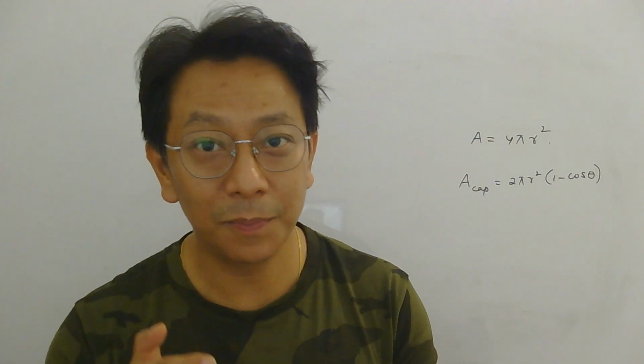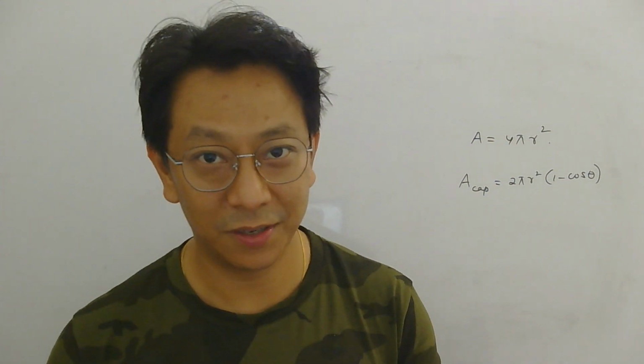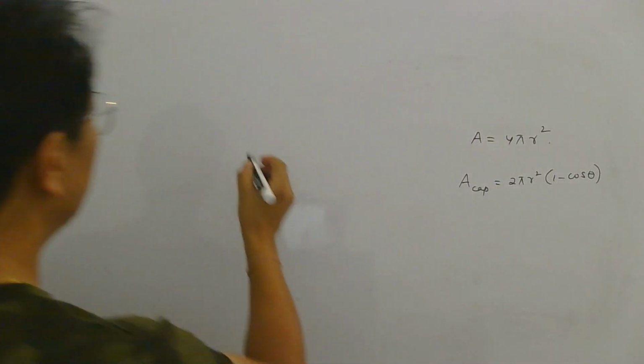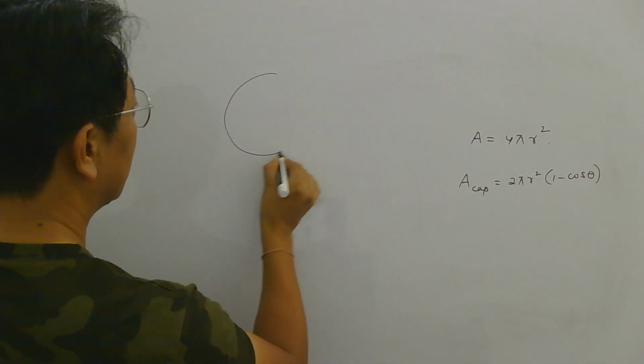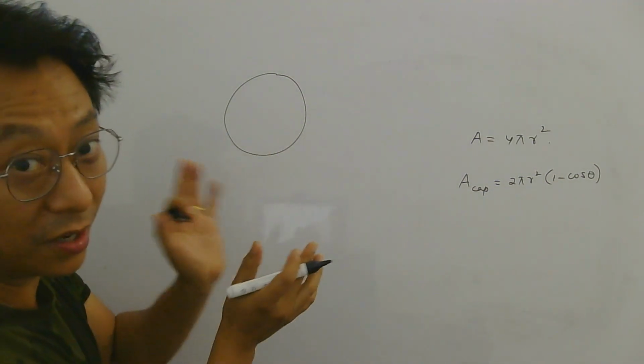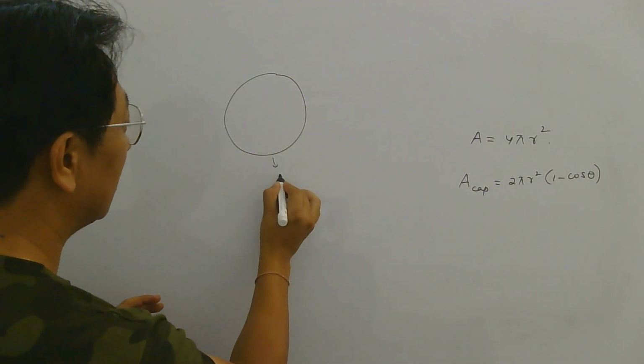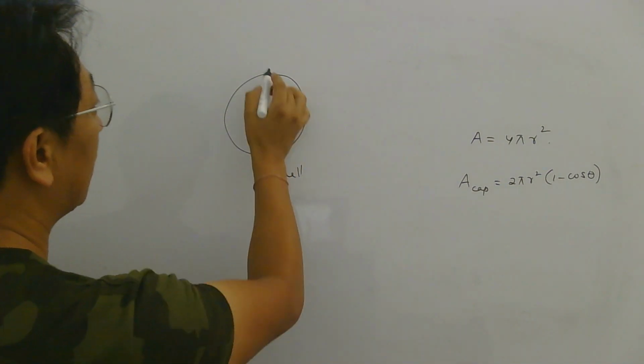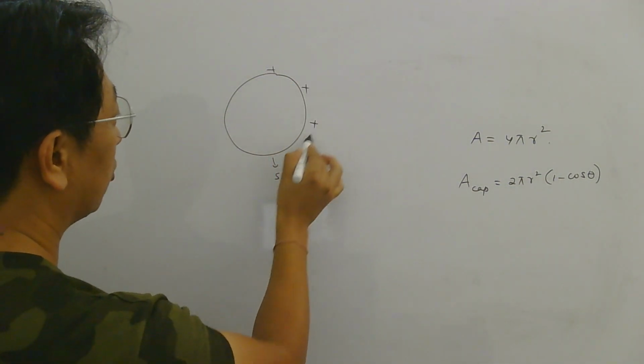So this is a multiple option correct question, so more than one option can be correct. They have given you a spherical shell. Remember, it is a spherical shell, not a circular ring. It is not a ring, it is a shell, and the charge will obviously be on the surface.